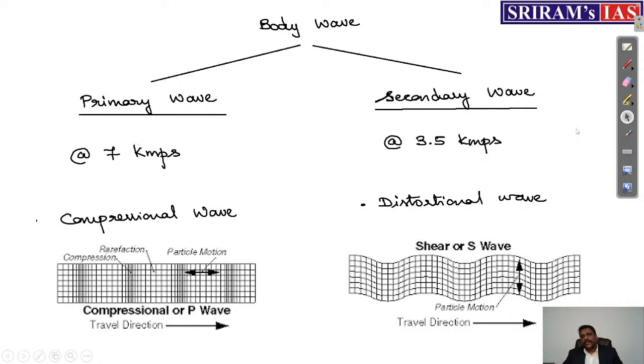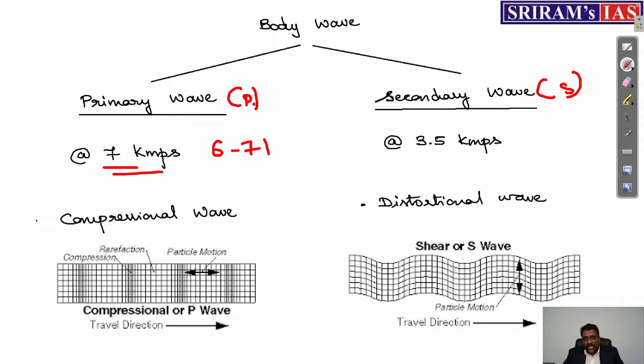There are two body waves produced. One is called the primary wave, or P wave. The other is called the secondary wave, or S wave. Why? Because the P wave travels around 6 to 7 kilometers per second, not per hour. 7 kilometers per second means nearly 25,200 kilometers per hour.